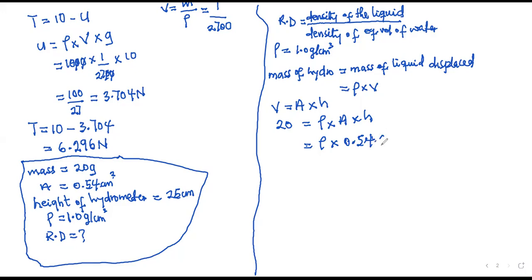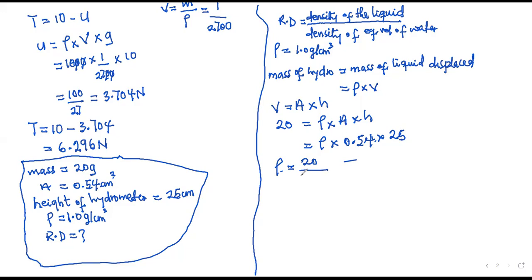The height of hydrometer submerged is 25. Therefore, the density of the liquid will be equal to 20 divided by 0.54 multiplied by 25, which is 13.5.